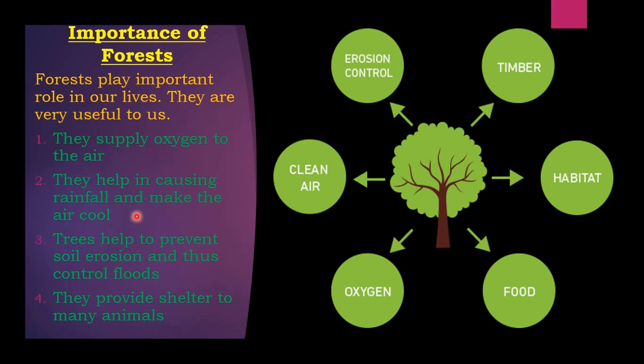Of course, even the animals need shelter. So therefore, about the importance of the forest, you can see the points here: erosion control, timber, habitat, food, oxygen, clean air. One tree can give so many things for us.